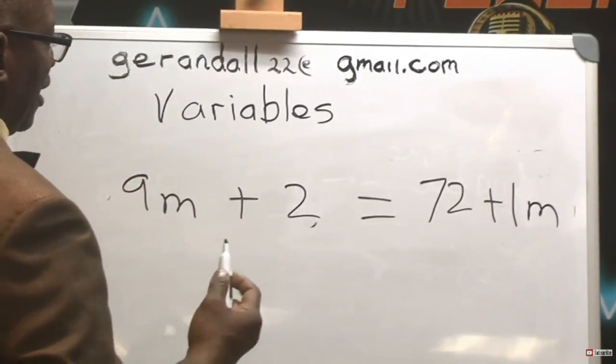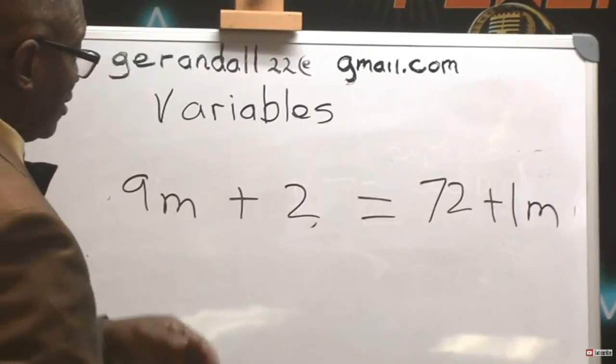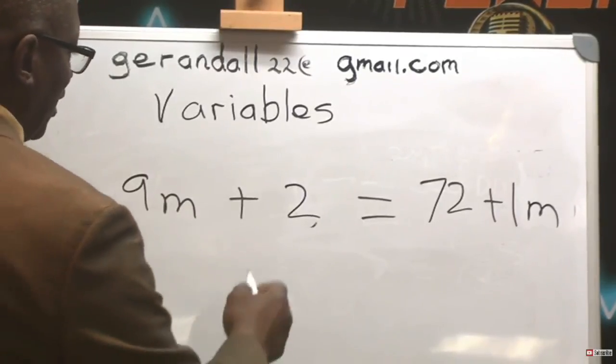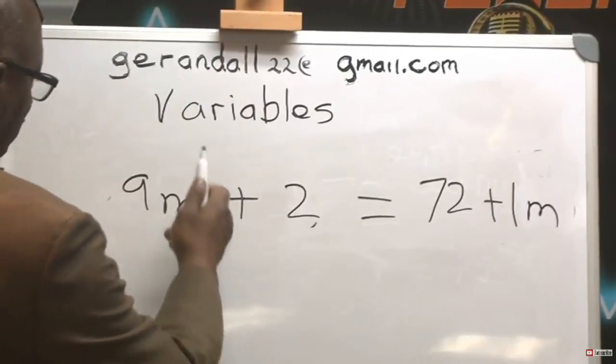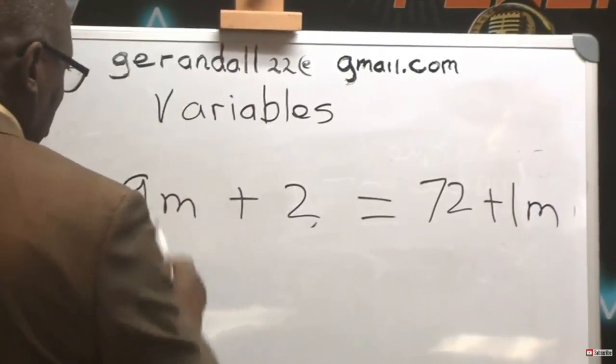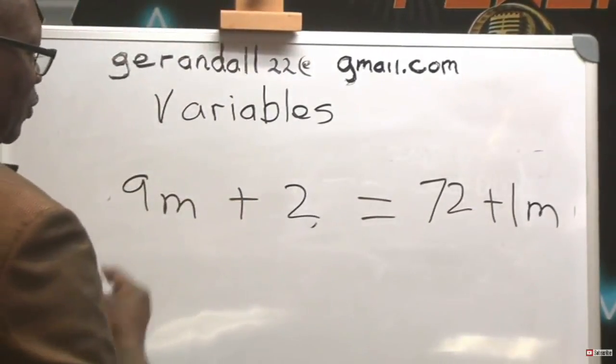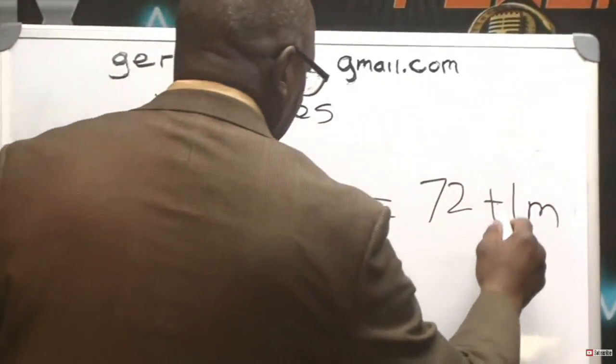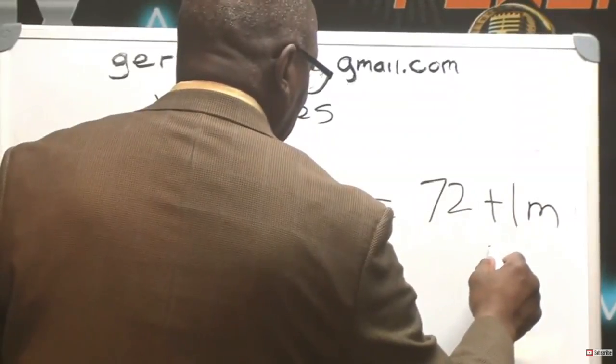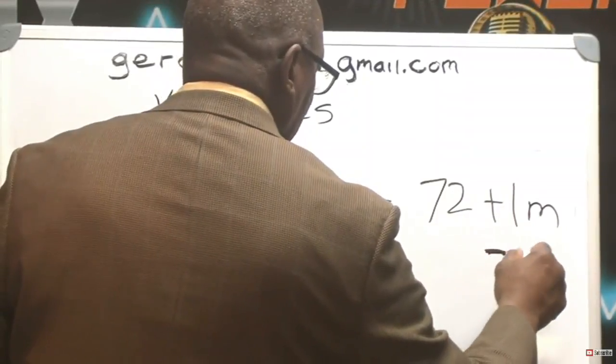Now, talk about cousins. How do you undo addition? The whole goal is to get this m by itself so it'll say m equals something. So we can do one of two things. It says plus 1, so we're going to subtract 1m.